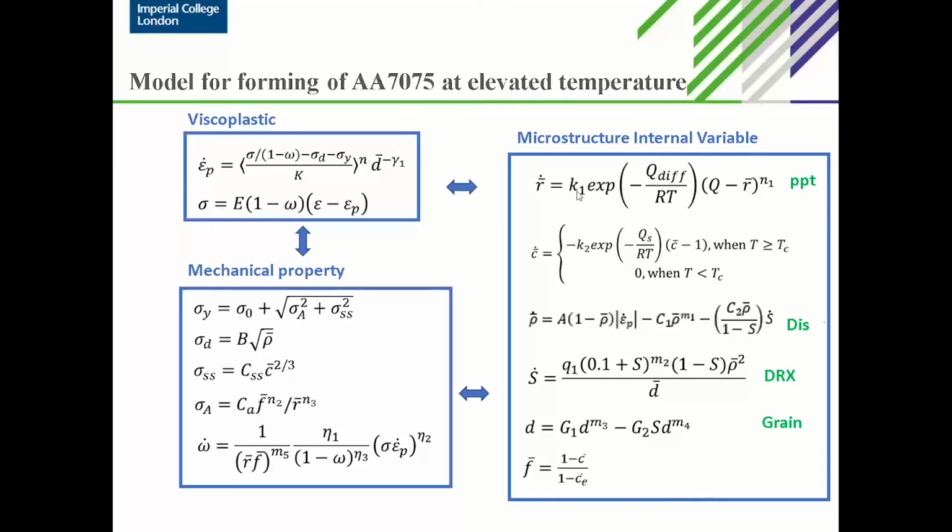These two are all based on the microstructure internal variables, including the precipitates, the radius of the precipitates, how it evolves, the solute concentrations of the precipitates, the dislocation density evolutions, the dynamic recrystallizations, and also the grain size evolutions. So these three boxes are interactively related to each other, because microstructure evolution will affect both the viscoplastic behavior and also the mechanical properties.